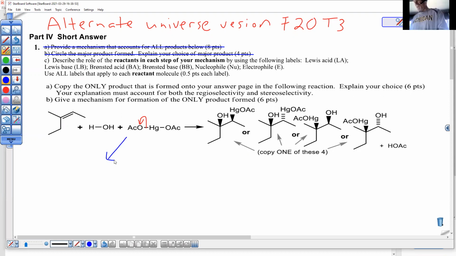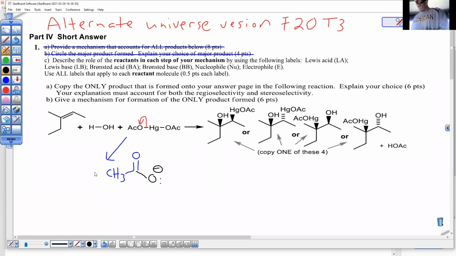On the test, if you wrote AcO minus, it's fine because it doesn't say you're not allowed to. But I want you to know someday you're going to be just told, draw the AcO, and you better be able to do that. So there's the Ac. And here's the O. And it's called acetate. We're going to use it later as a base.